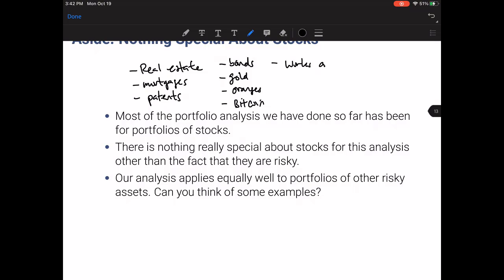Works of art, like antiques, Picassos, whatever. They all have risk, right? It could decline in value. It can increase in value. Therefore it can have return, and it may have volatility as well. If you have an invasion or a war, its value is going to skyrocket. So there's definitely a volatility component for works of art as well, if you think about it.